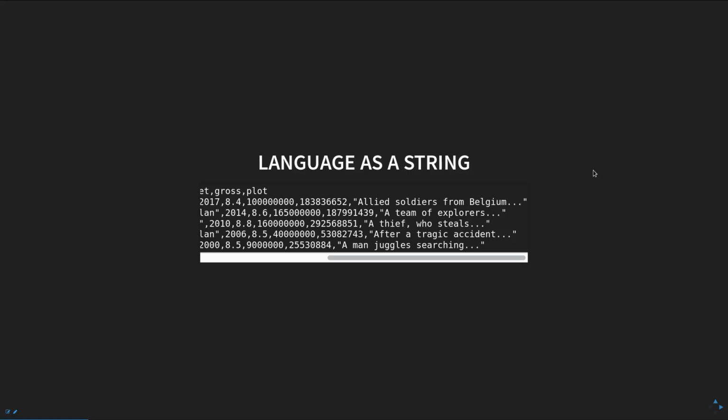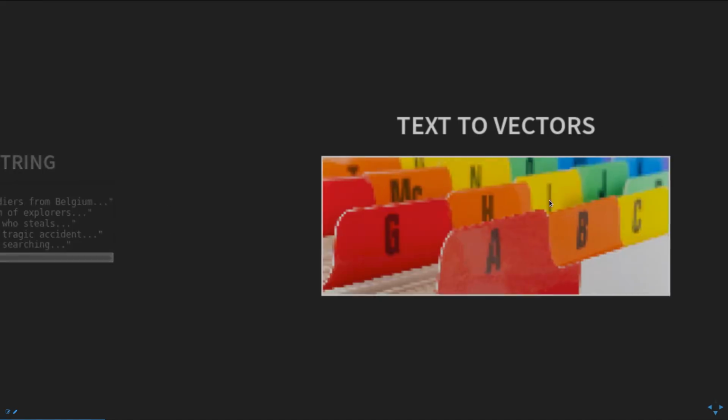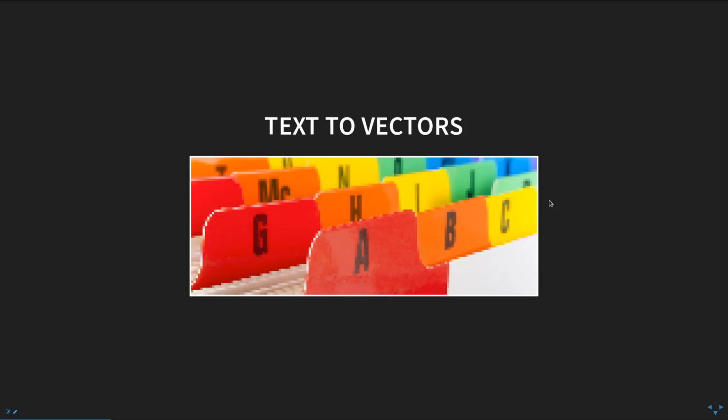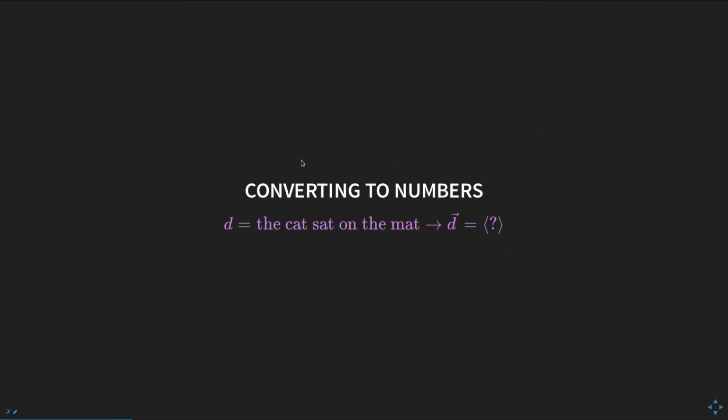So how do we actually get from these strings to some representation of information that algorithms or computers in general can actually work with? Or how do we represent them as vectors? Now for this, the challenge is to go from some string input that we have that is a small sentence to an actual vector that should contain numbers, right?